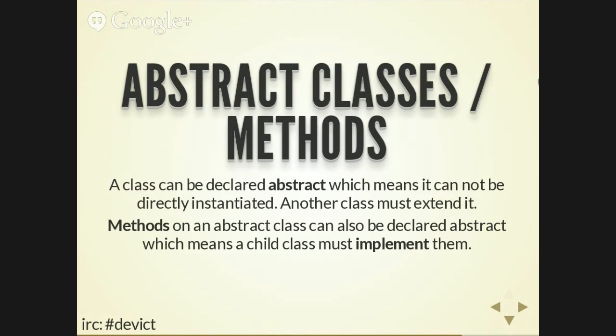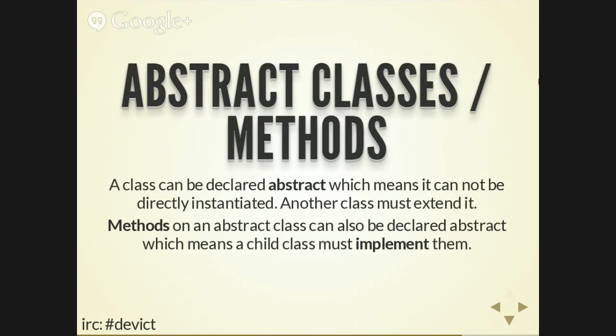PHP would say, this is a problem, you can't do that. So if you want to get that abstract class, you would have to extend it. You have to have another class that would be a more specific type of that. Because it's too abstract, I can't handle it.